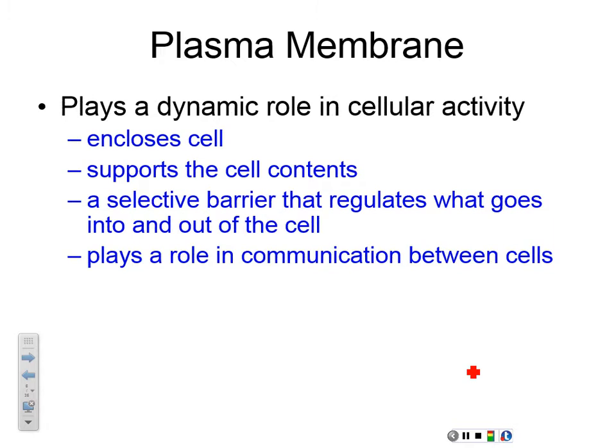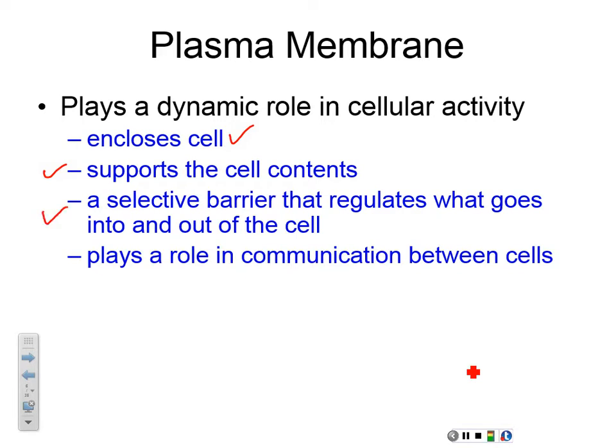All right, so the plasma membrane is important. We talk about it first because this is what regulates what enters the cell and what exits the cell. Of course it's going to enclose the cell and support all the cell contents, and it's a selective barrier. It will let certain substances in and let certain substances out, so it's selectively permeable.